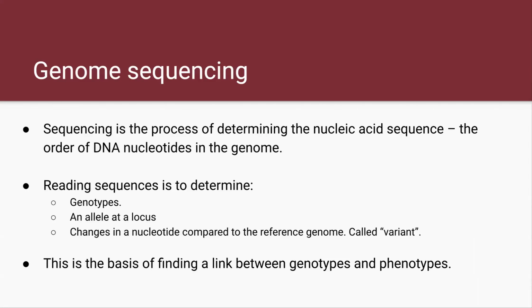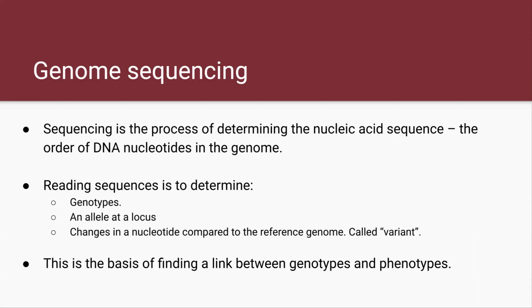So let's start off with what genome sequencing is, right? As I mentioned last time, sequencing is the process of determining the nucleic acid sequence. So we basically try to find out the order of DNA nucleotides in our genome, to get to know the nucleotide composition in your DNA sequence.